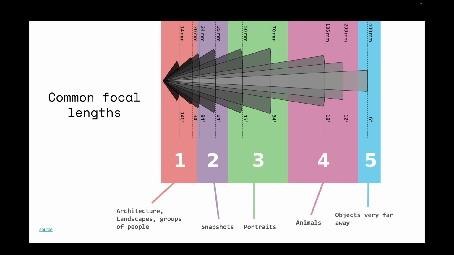On the right hand side of the chart, you have objects that are very far away, a super telephoto lens at 400 millimeters, very narrow field of view at 6 degrees, versus the opposite side, which is a wide angle lens at 14 millimeters and 140 degrees field of view. Those would be things like architecture, landscapes, interior rooms, and groups of people. And then you can see the other common focal lengths for the other subjects.